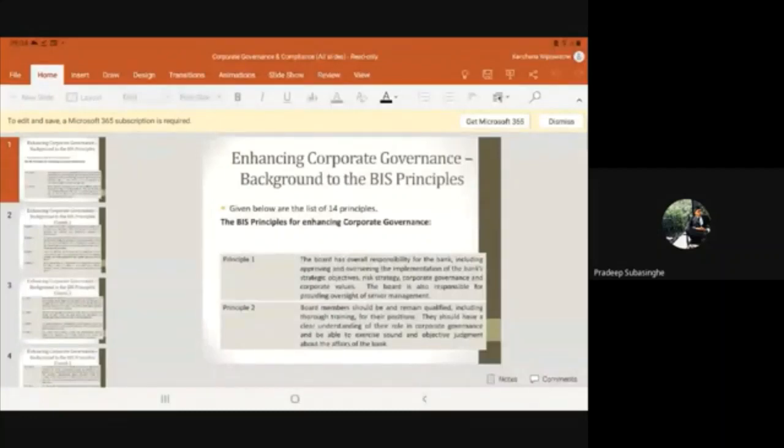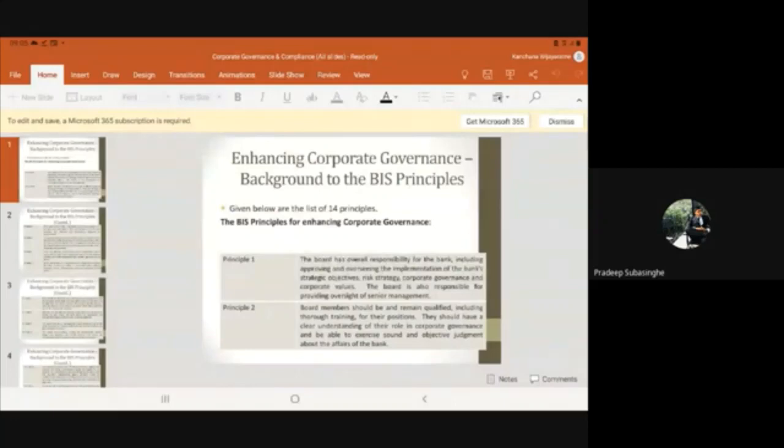Then we discussed in detail the audit contribution to the governance. Then we touched upon the risk contribution to the governance. And with that, I think we have basically come to the final stage.